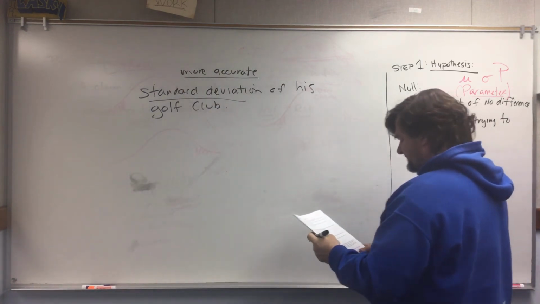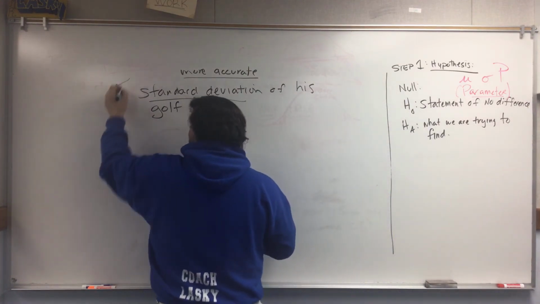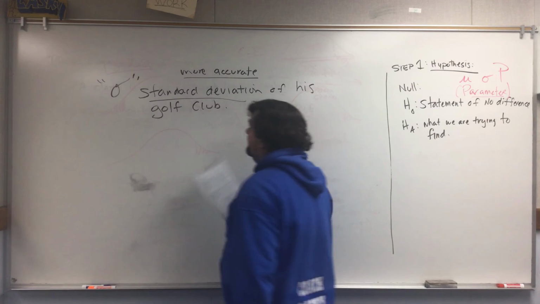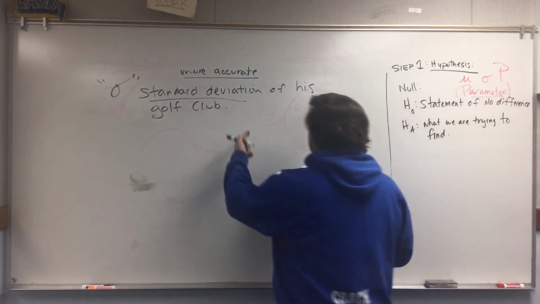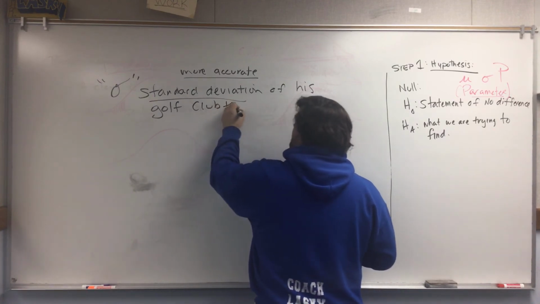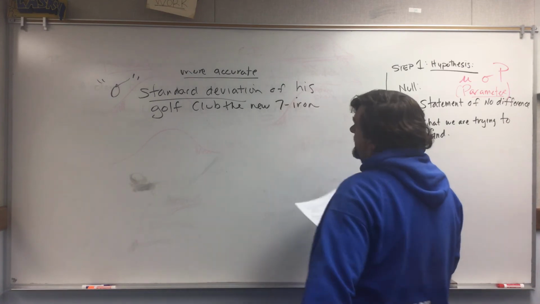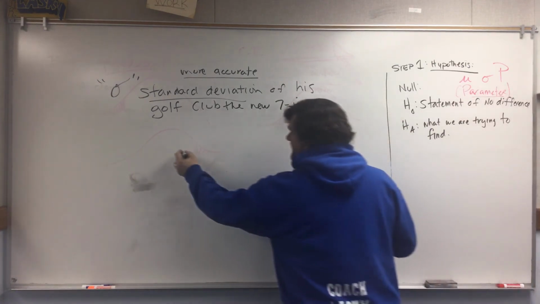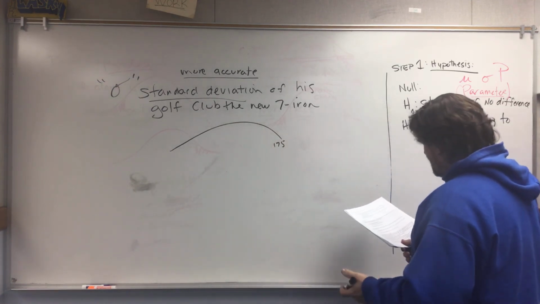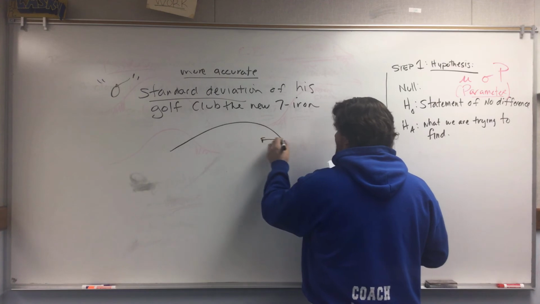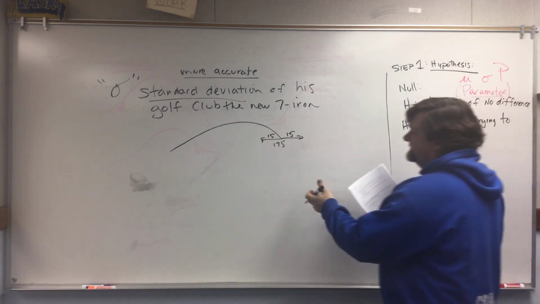That's the parameter of interest, the standard deviation of his drives with his new golf club, the new 7-iron. Normally he's hitting it 175 yards, and normally he has a standard deviation of 15 either way.